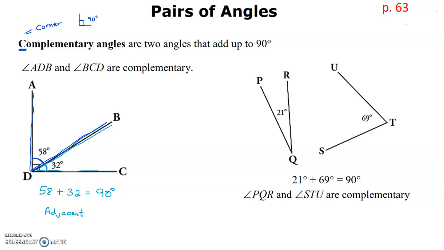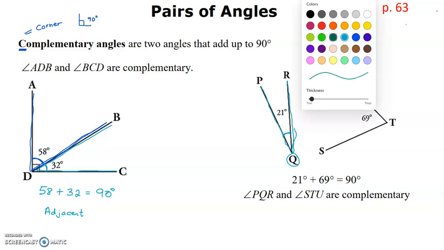They don't have to be adjacent angles. So in the second example here, we have angle PQR or RQP. Remember that the vertex is Q, so that's going to be named in the middle. And that's 21 degrees.